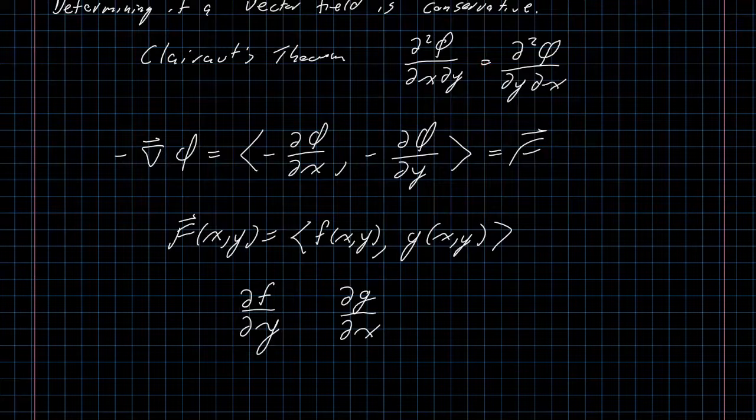And by Clairaut's theorem, these things should be the same. If they are, then a potential function exists. If they are not, then a potential function does not exist. Black and white.